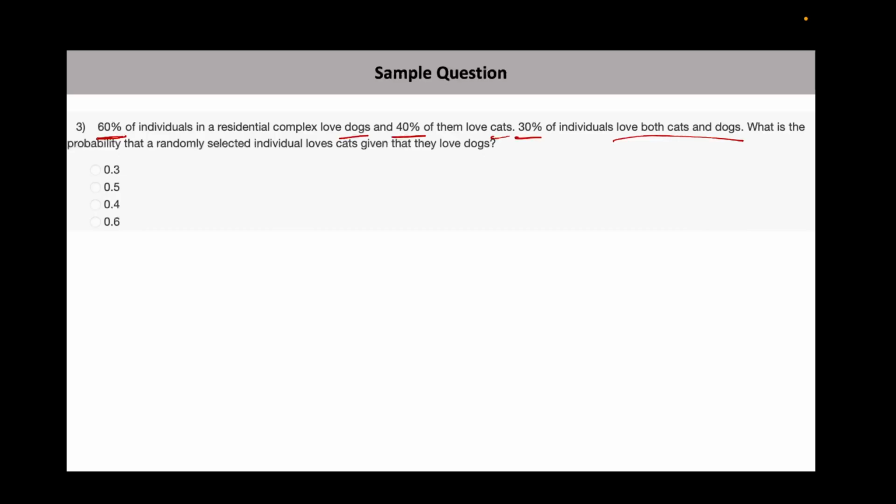The question is asking about the probability that a randomly selected individual will love cats given that they love dogs. That means, from all the individuals who love dogs, what is the probability that they also love cats? This is the question asked.